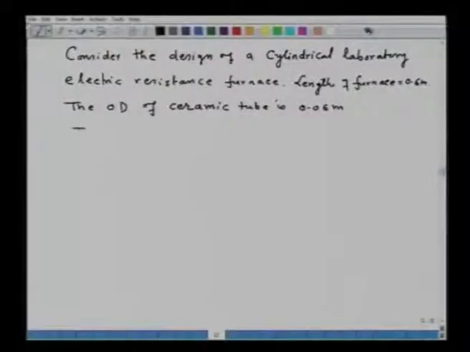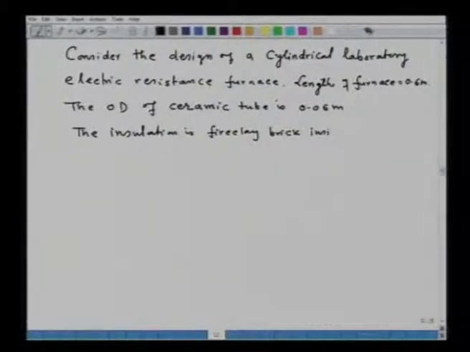The insulation is fire clay brick inside and asbestos magnesia outside.